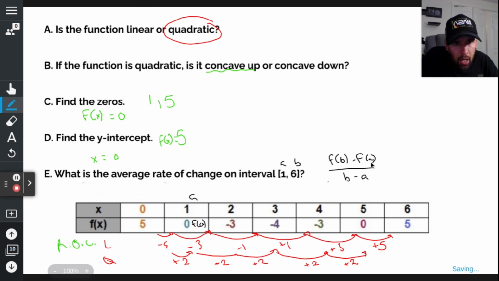And I'm going to call b 6, which means f of b is 5. f of b is 5 minus f of a is nothing, easy, over b is 6 minus a is 1. 5 over 5, last time I checked.